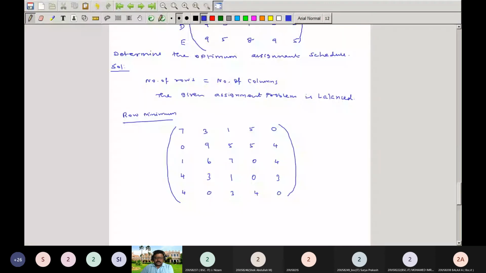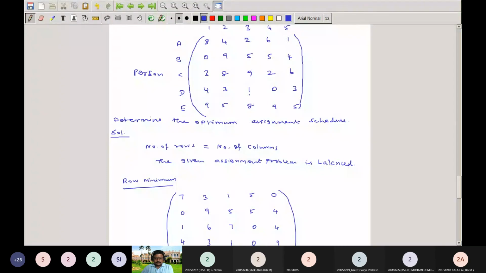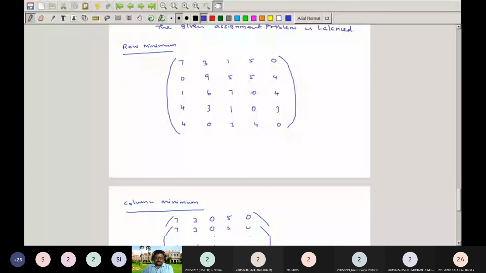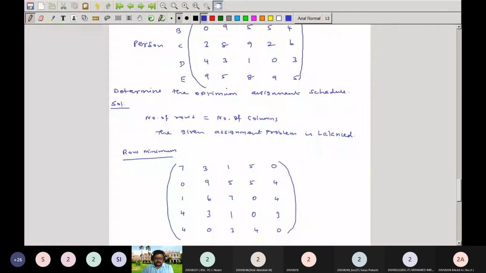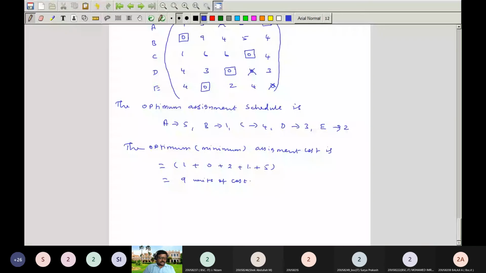Next, fourth row, third element is 1. Fifth row assigned 2, so the cost is 5. So add these values: 1 plus 0 plus 2 plus 1 plus 5. So 9. So the minimum cost is 9.